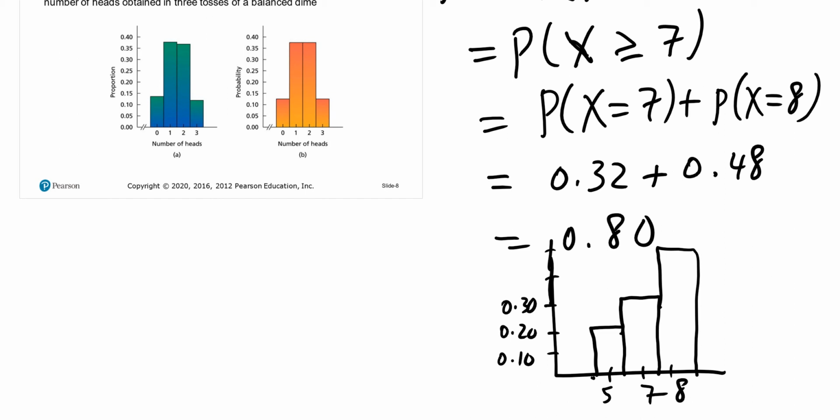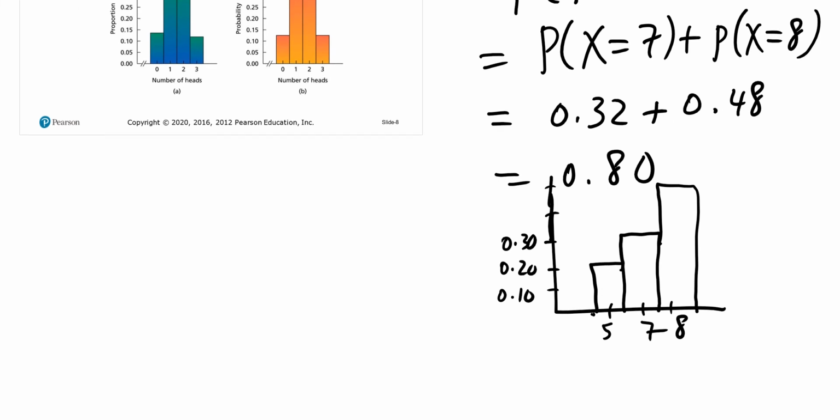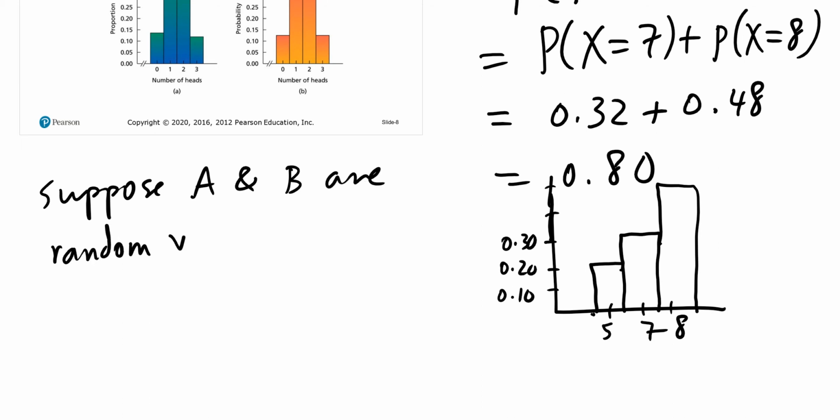Okay, so the next thing is, let's say they ask us, suppose that capital A and capital B are random variables.